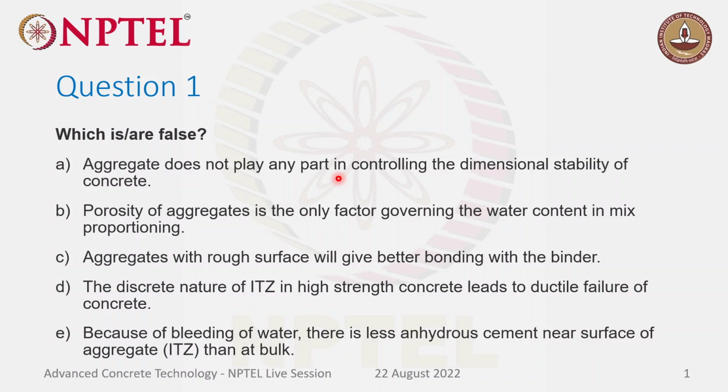Let me wait for 1 minute. Now this time is 6:20. Let me wait till 6:21, and please post your answers in the chat box.